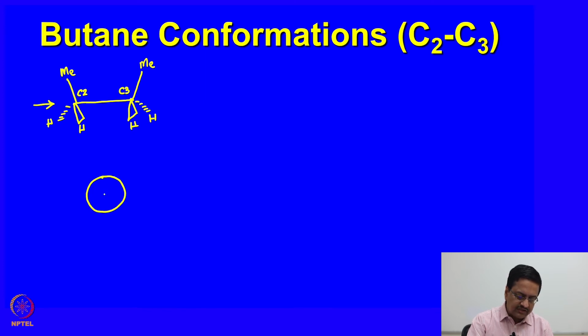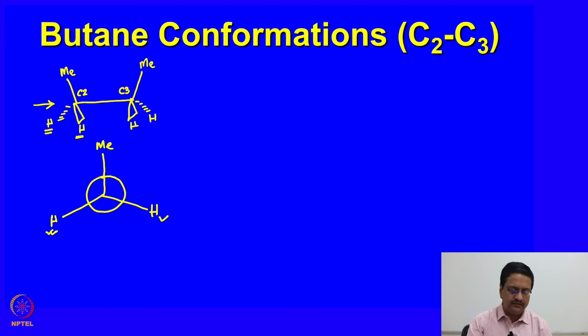This is my front carbon. So there you have a methyl group, and then we have two hydrogen atoms in the front carbon, which are this and that. You see, when I am drawing from this side, this hydrogen comes here and that hydrogen comes there. That is on the right and left.